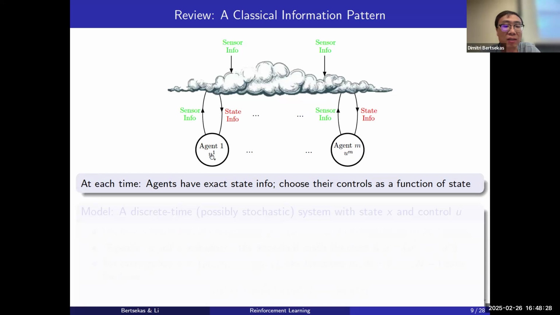So when you select the different control components, every control component selection is based on the common shared information.